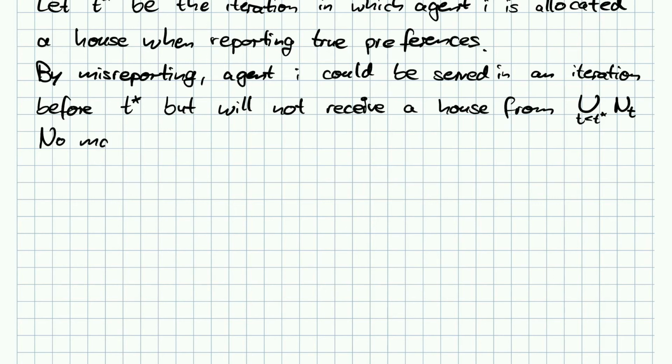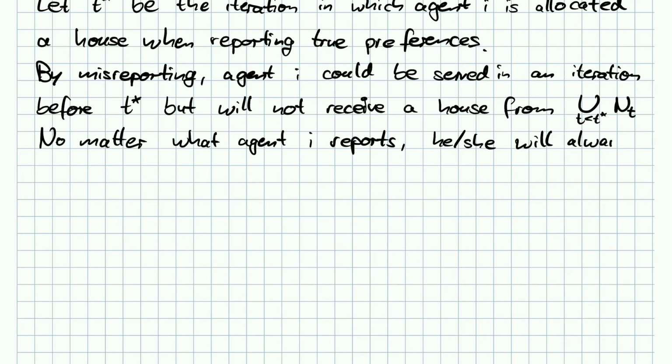No matter what Agent I reports, he or she will always get a house from that other half.